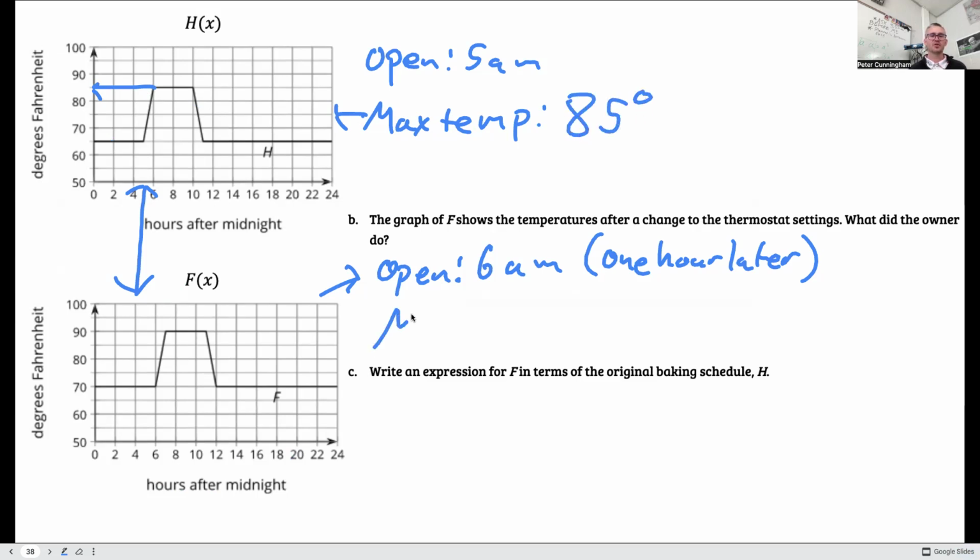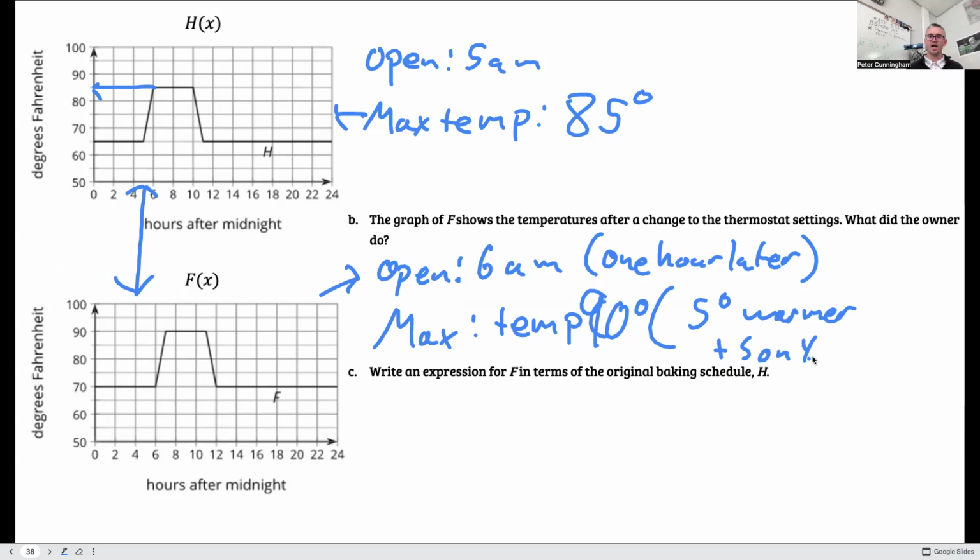What was the max temperature down here on the second one? What was the difference there? So it should be 5 degrees warmer, aka plus 5 on the y-axis.